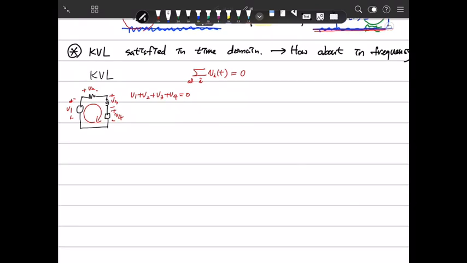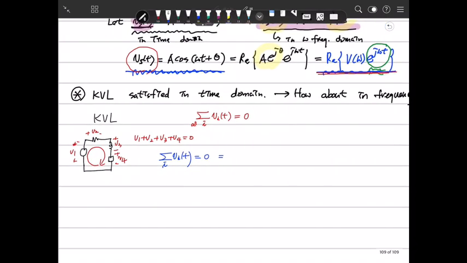I will write here that the sum of vi(t) is 0, and I want to express vi(t).